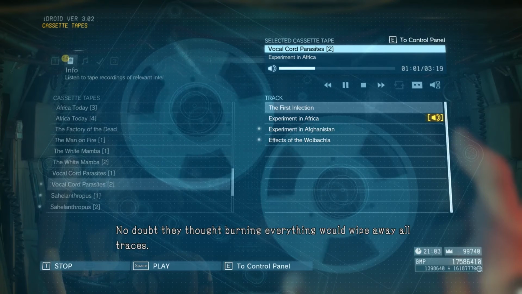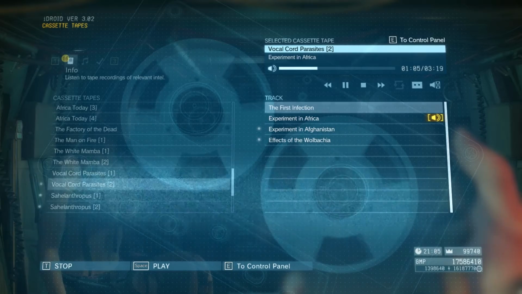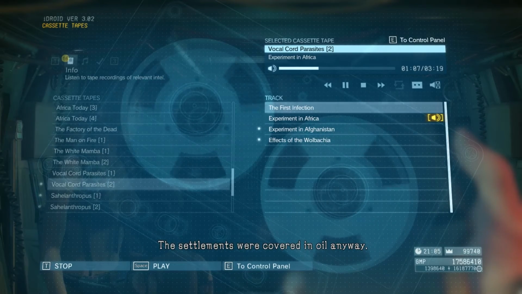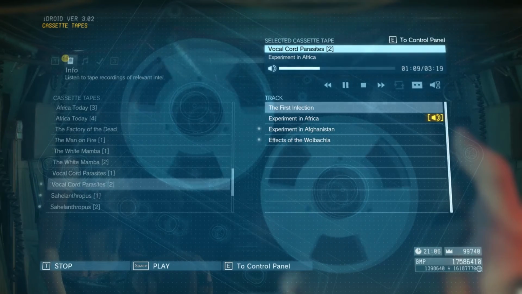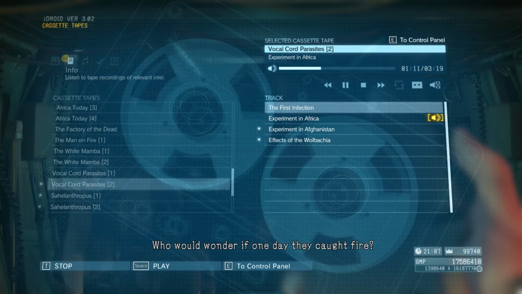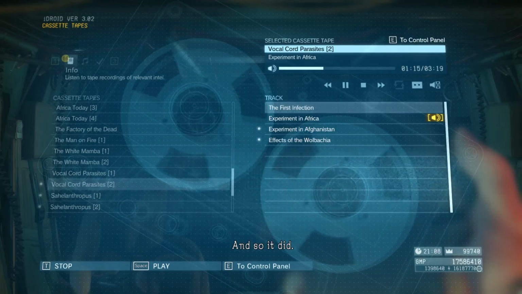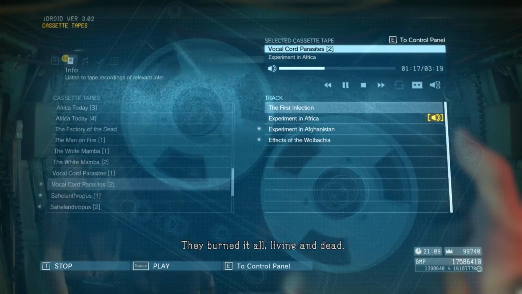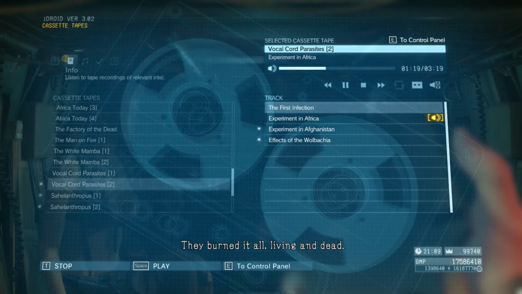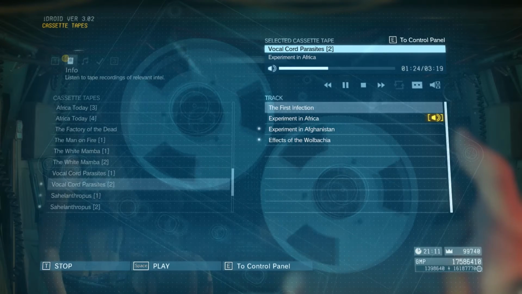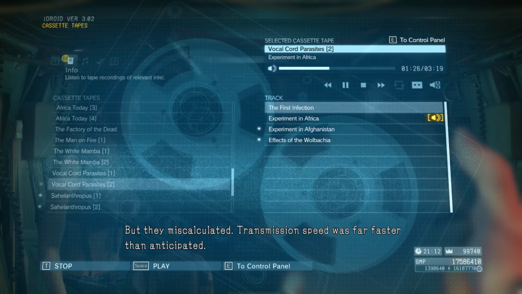No doubt, they thought burning everything would wipe away all traces. The settlements were covered in oil anyway. Who would wonder if one day they caught fire? And so it did. They burned it all, living and dead. But they miscalculated.